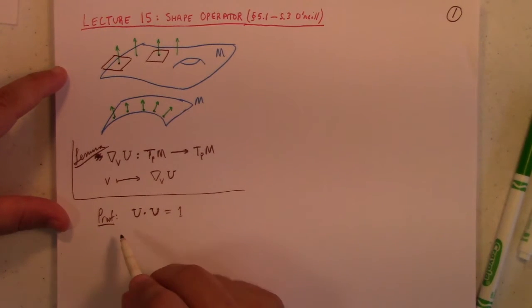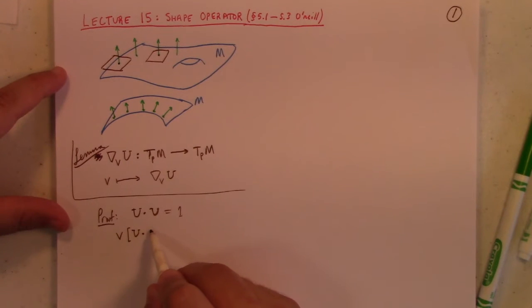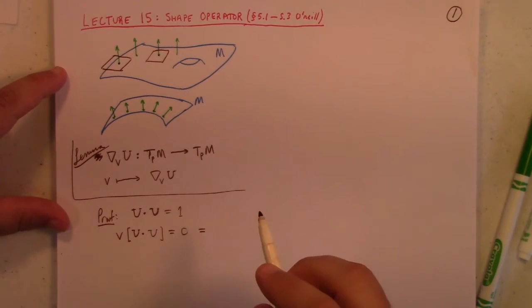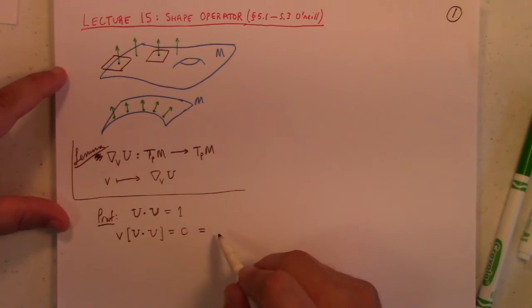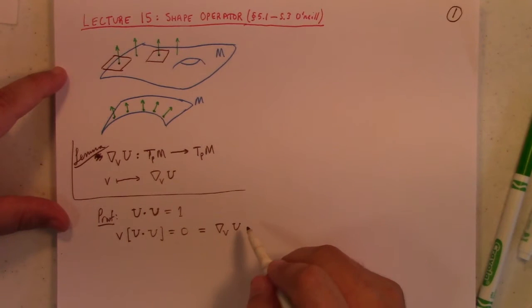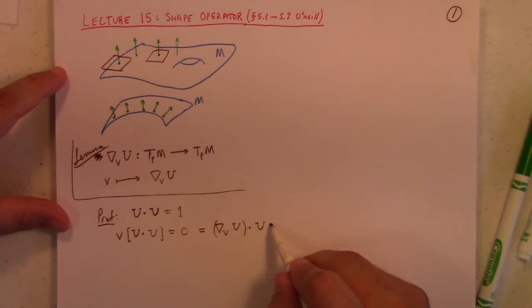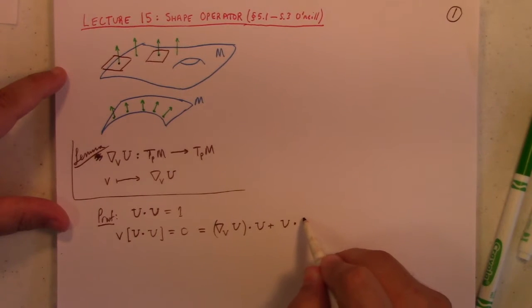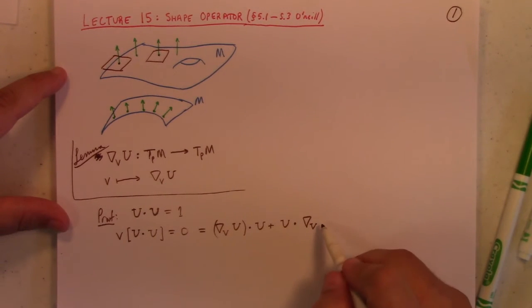But then if you look at the vector field v acting on u dot u, of course the derivation acting on a constant is 0. On the other hand, by properties of the covariant derivative, it's the covariant derivative of v on u dot u, plus u dotted with the covariant derivative in the v direction of u.